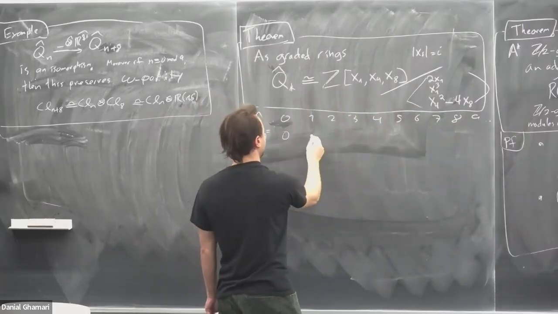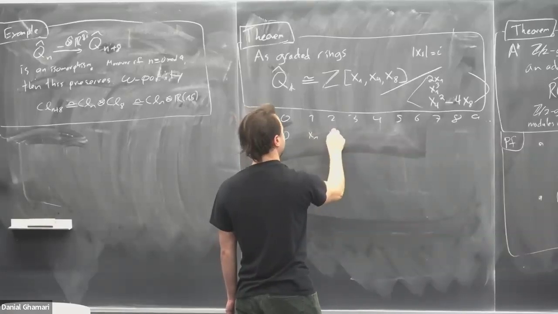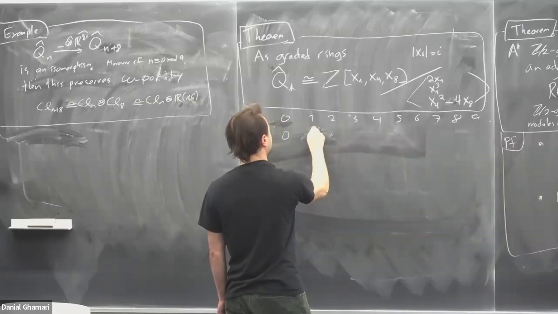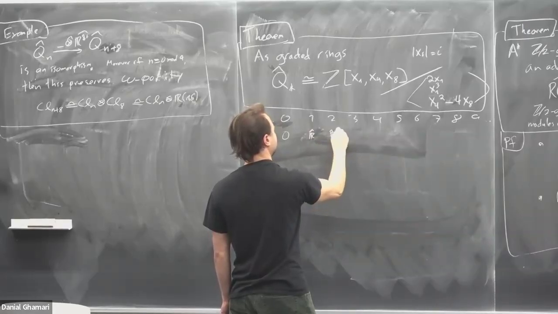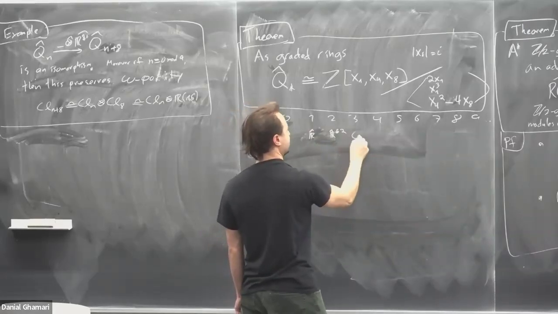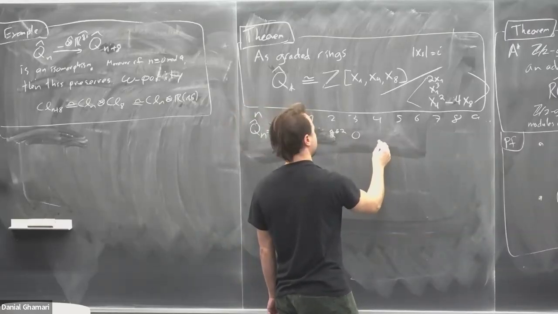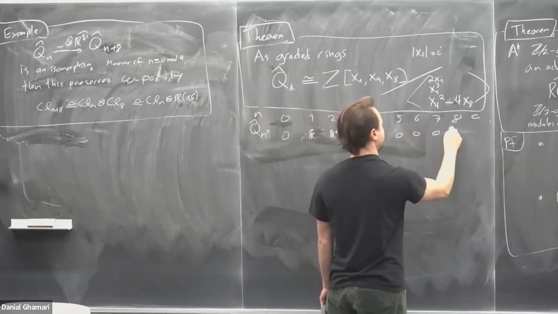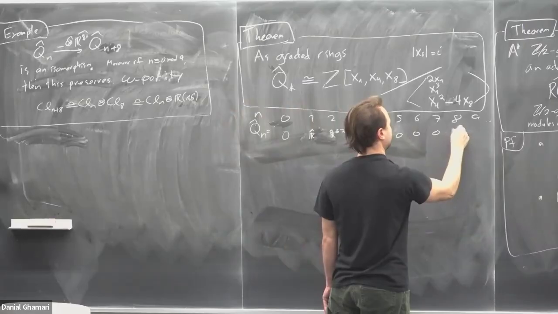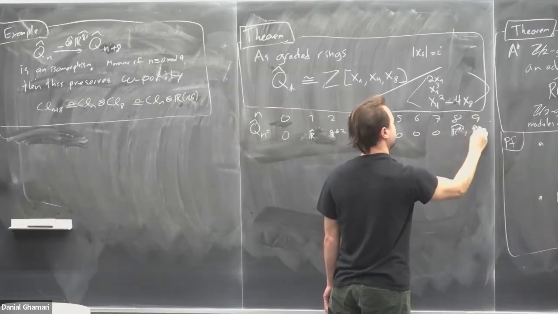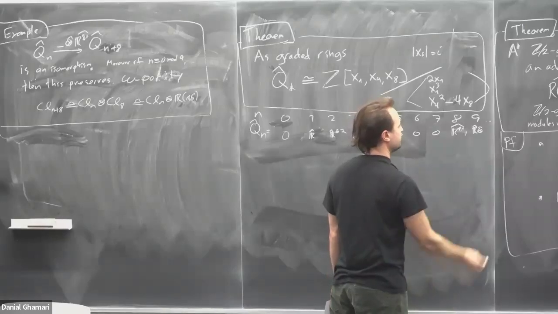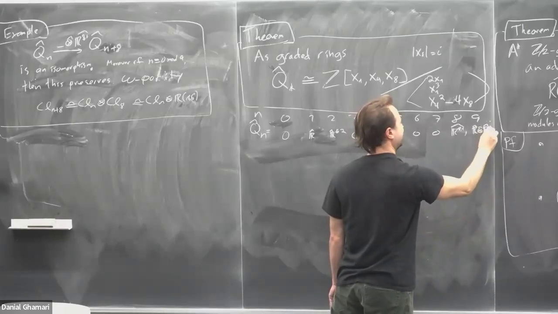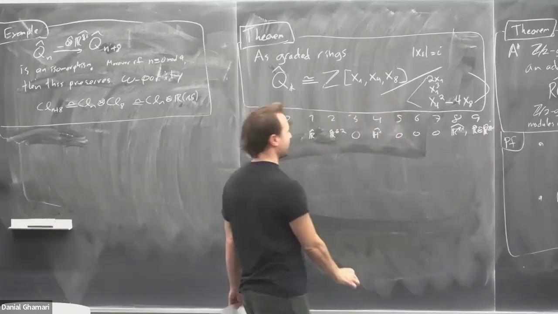We had Z, and then we had an x1, an R hat, then an R hat squared, and then a 0, and then an H plus hat, and then 0, 0, 0, and then R plus hat. And then here is going to be R hat tensored with whatever we had. My notation is not great, but you get what I mean.